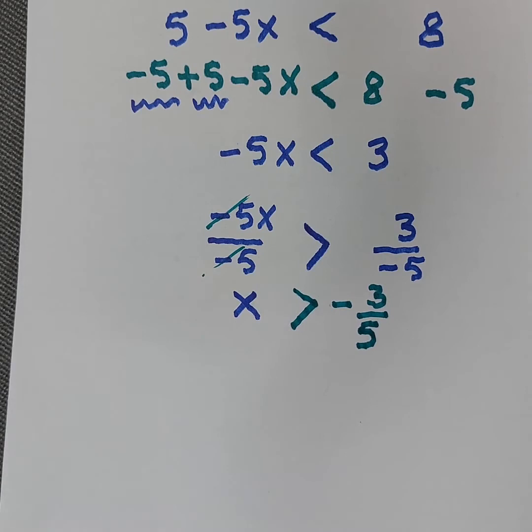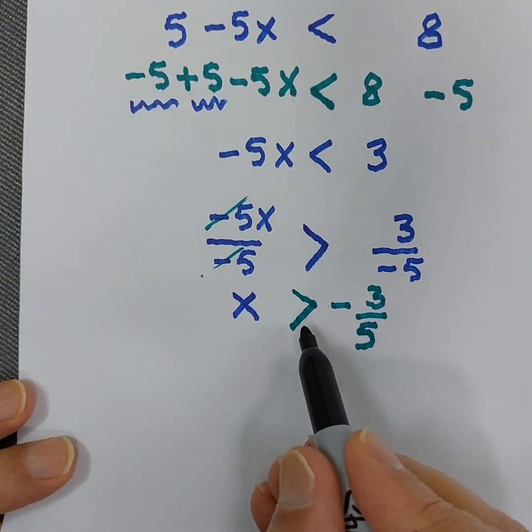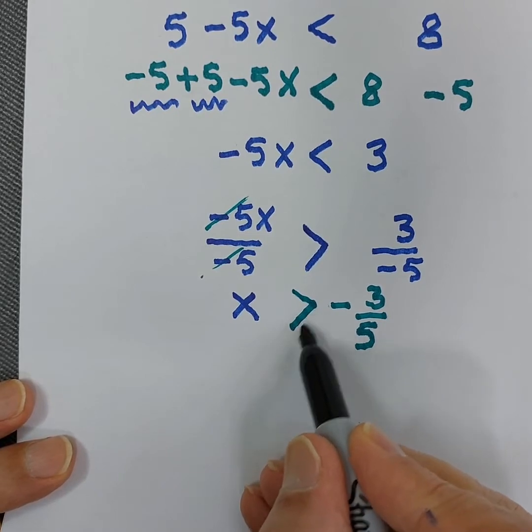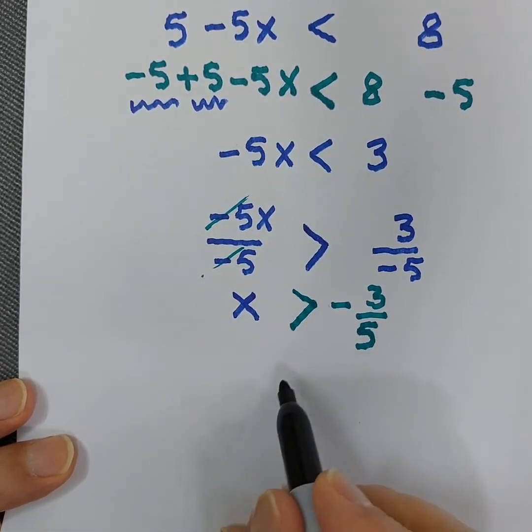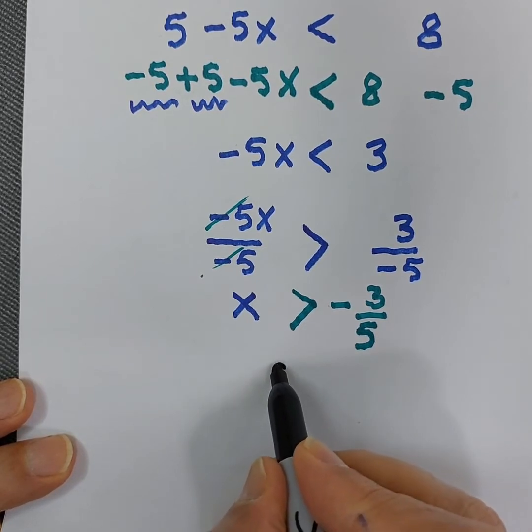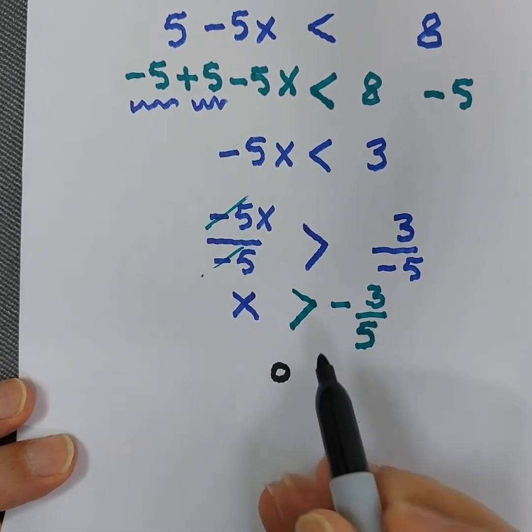We need to express this in terms of interval. How can we write it in terms of intervals? Look now, if you pay attention, there is no sign of equal here, just the sign of greater. That means the interval will be open.